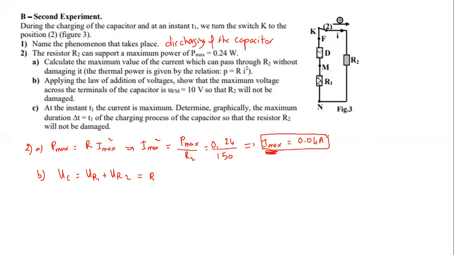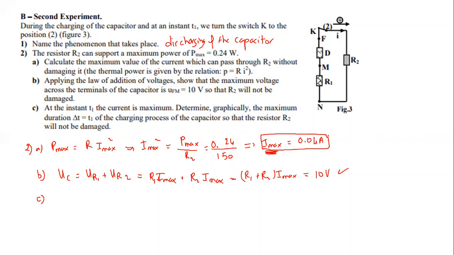So this means R1 times i maximum plus R2 times i maximum, which equals R1 plus R2 times i maximum. We have 150 and 100, so it's 250 times 0.04. So we get as answer 10 volts, so it's verified.